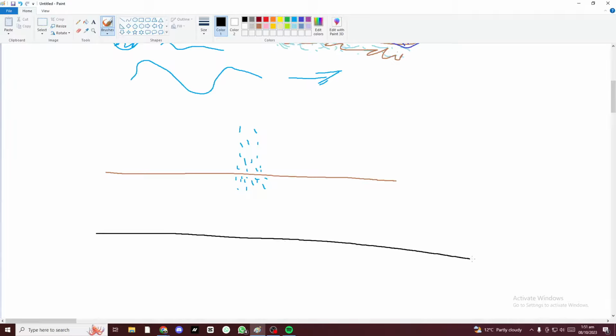Moving on, we get percolation. So percolation is the slow movement of water downwards through the soil and into bedrock. So let's say this black line here is bedrock. So infiltration occurs up here, above ground into the ground.